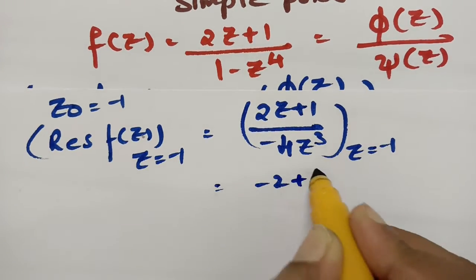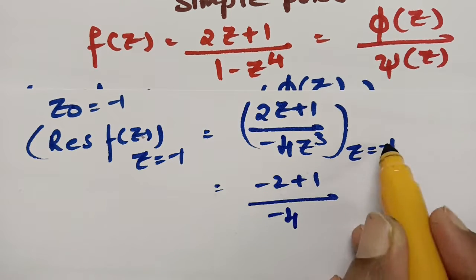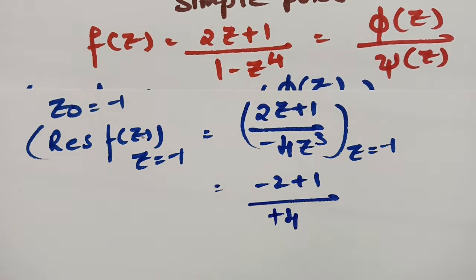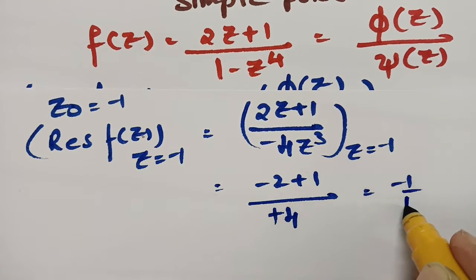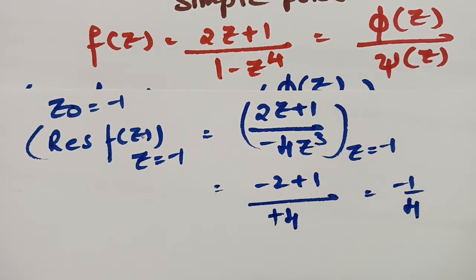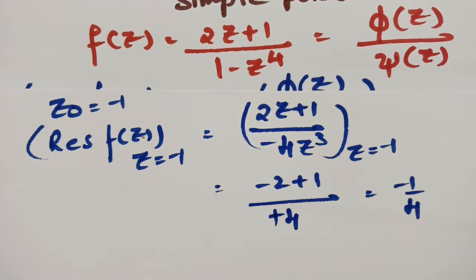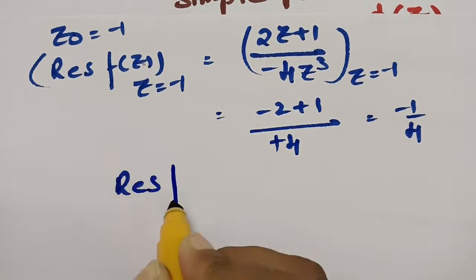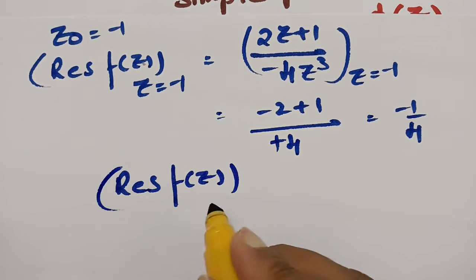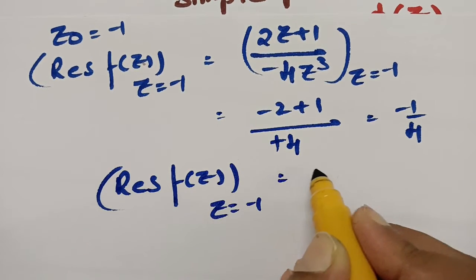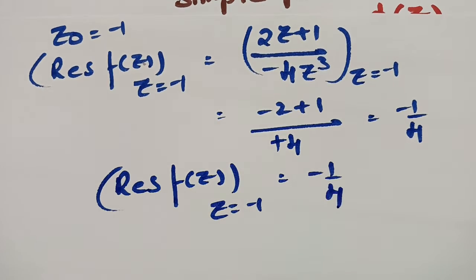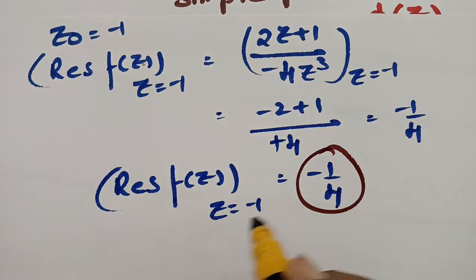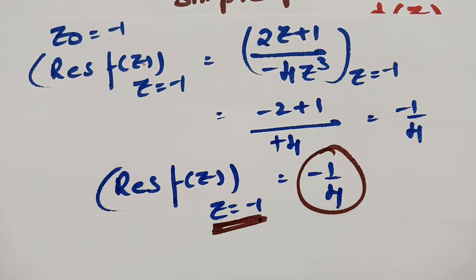So this is (-2 + 1)/(-4), and since (-1)^3 gives -1, the denominator is +4. So the value is -1/4. Therefore the residue of f(z) at the pole z = -1 is -1/4.